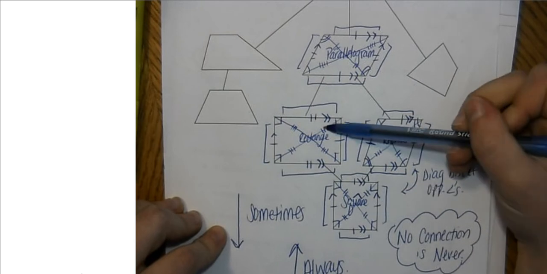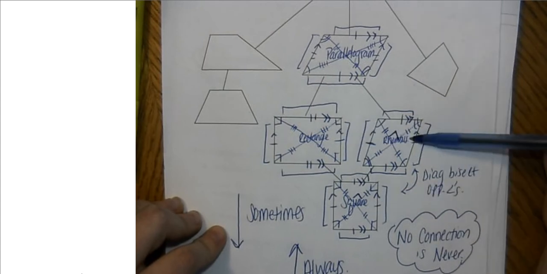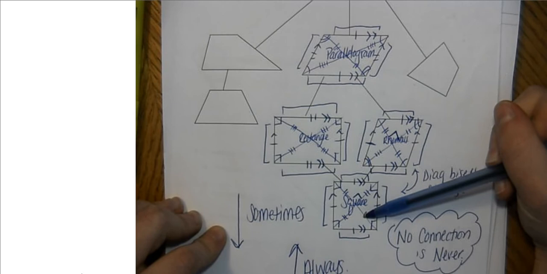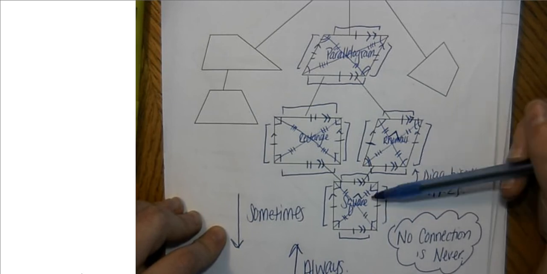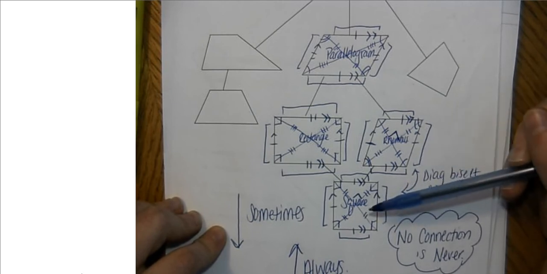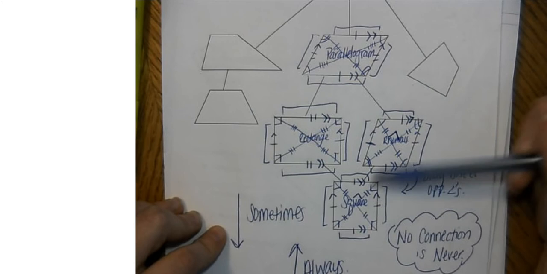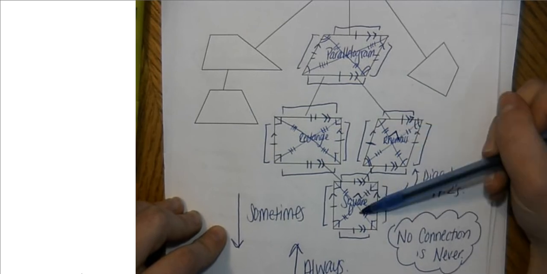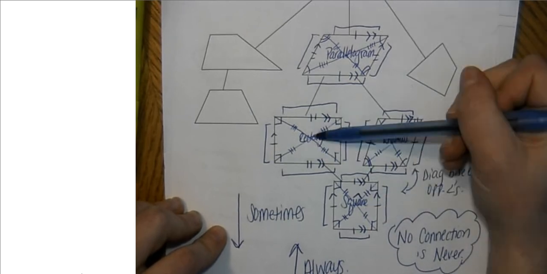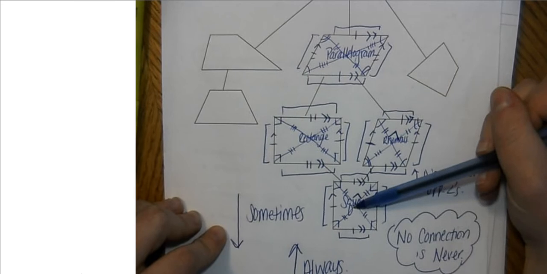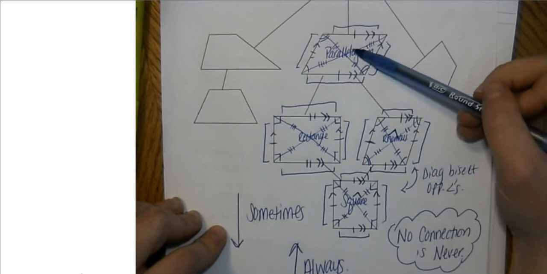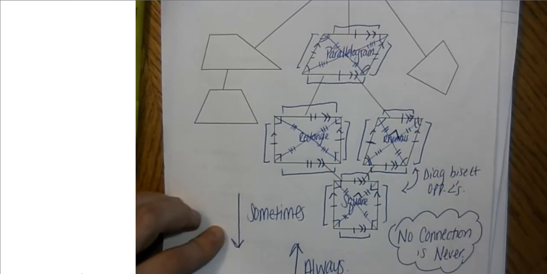A rectangle is sometimes a rhombus if that rhombus is a square. A rhombus is sometimes a square, but a square is always a rhombus. A square is always a rectangle. A square is always a parallelogram. So keeping that straight is a really tough thing.